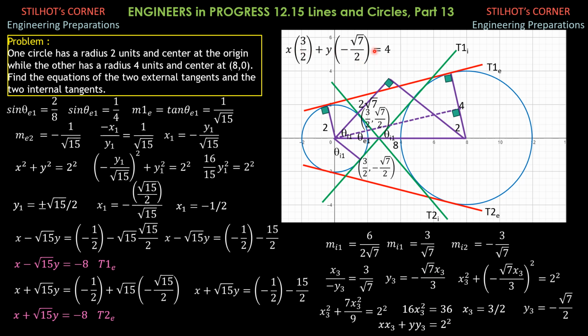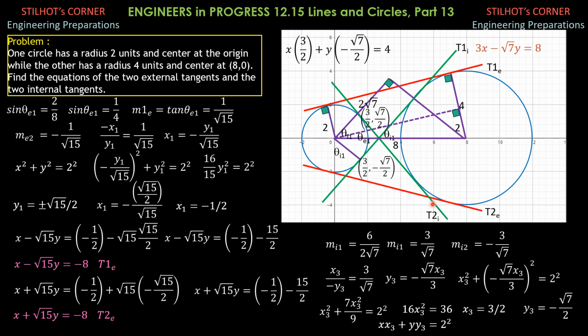Multiply everything by 2. So the equation of the first internal tangent is 3x minus square root of 7y equals 8. So that's the equation of that internal tangent 1.